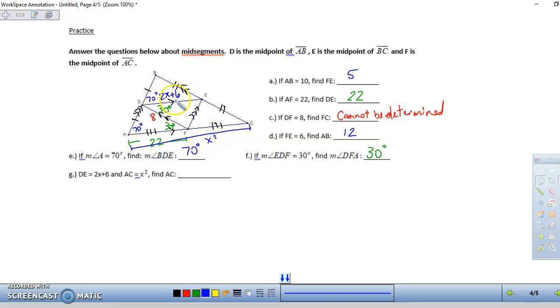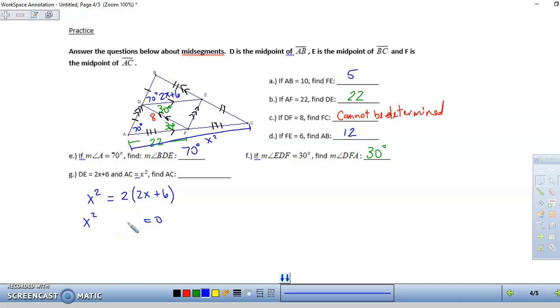So half of x squared is 2x plus 6, but an easier way to go would be to say that x squared is equal to 2 of these 2x plus 6's. Okay, you're going to distribute, move those guys over. I would recommend you move them over to the positive x squared side and then solve. So pause to solve that.